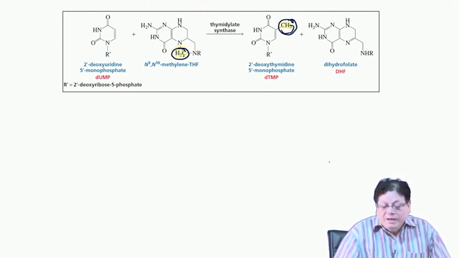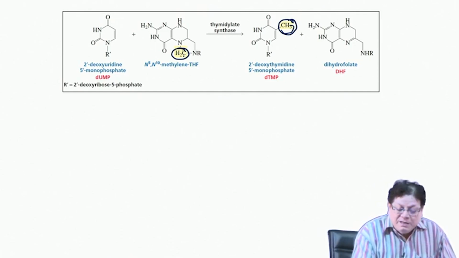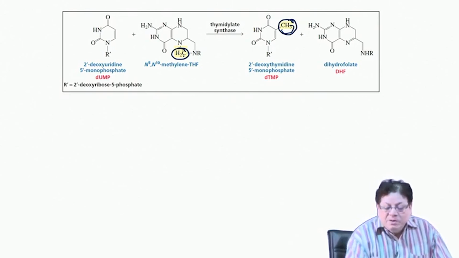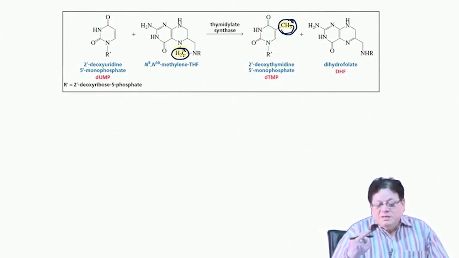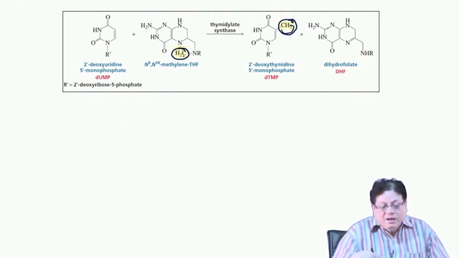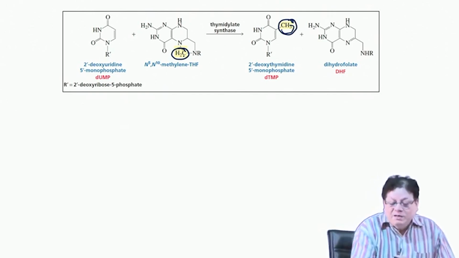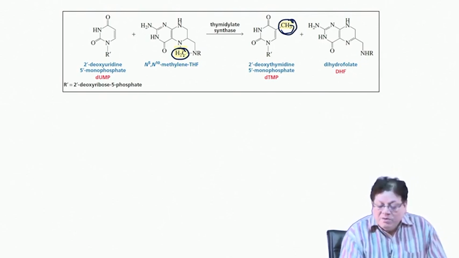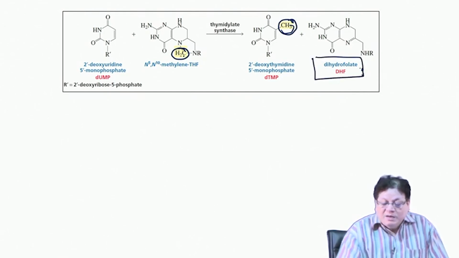Okay. Because this methylene is at the oxidation level of an aldehyde, of a carbonyl, remember that. As soon as it is converted to a methyl, that means this is reduced. Okay. So, the tetrahydrofolate in the process is converted into dihydrofolate. So, that is a reduction.